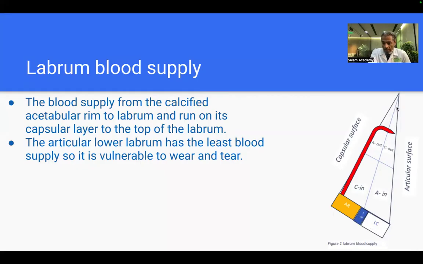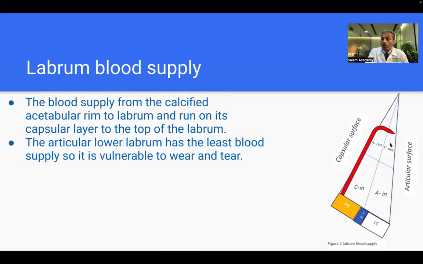Okay, so I want now to divide it into parts. The first part is the capsular and outer part. I divide into in and out. The blood supply runs from the articular rim here all the way from the outer side to nourish it very well. And this one can undergo regeneration in a very mature way. However, the inner part, this is the articular part, faces the head of the femur.